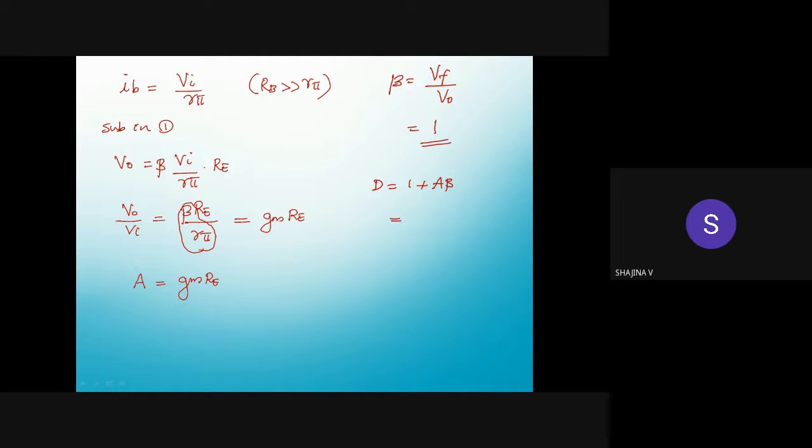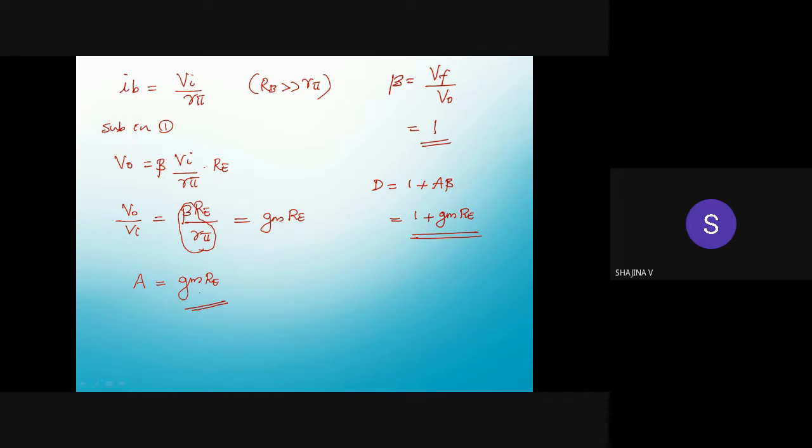So here this 1 plus A beta is equal to 1 plus, our A is equal to what? Gm into Re, right? Into 1, beta is equal to 1. So my desensitivity factor D, or 1 plus A beta, is equal to 1 plus Gm into Re.